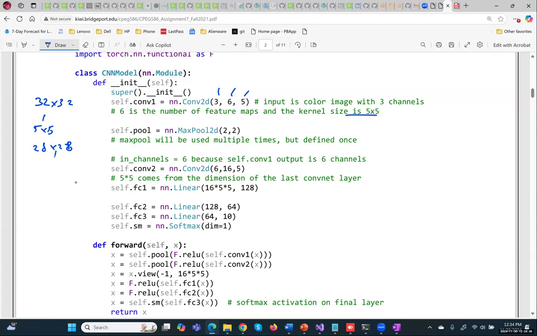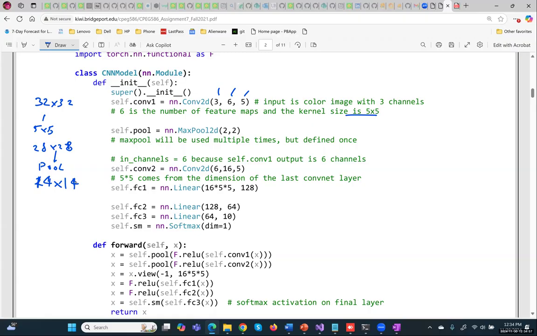As we apply pooling to it, what will happen? 14 by 14. Take a look over here.